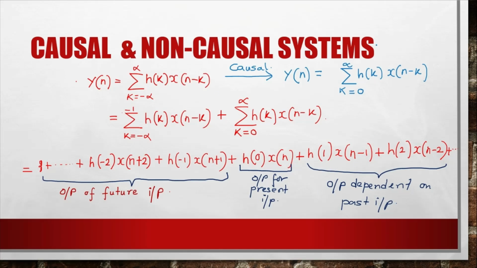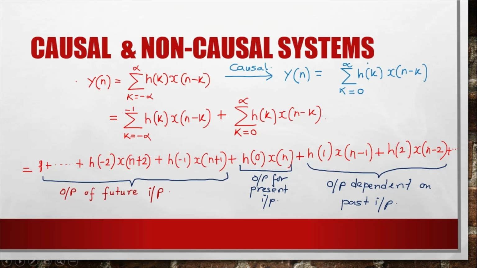When there come future inputs, the system becomes non-causal. And if I want to write it in the form of an expression, it will become h[k] x[n minus k] for k equal to 0 to infinity. In this way, we can know how a system becomes causal.